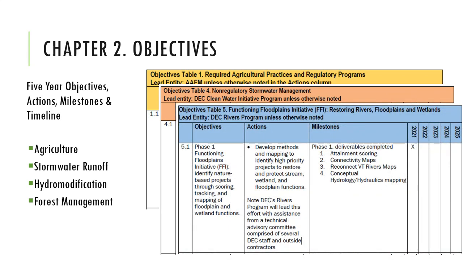There are objective tables related to hydro modification. So that being, how are we addressing and preventing stream channelization? How are we addressing dams that are impacting ecosystems and the movement of sediment? How are we addressing functioning floodplains? That's what this one is about.